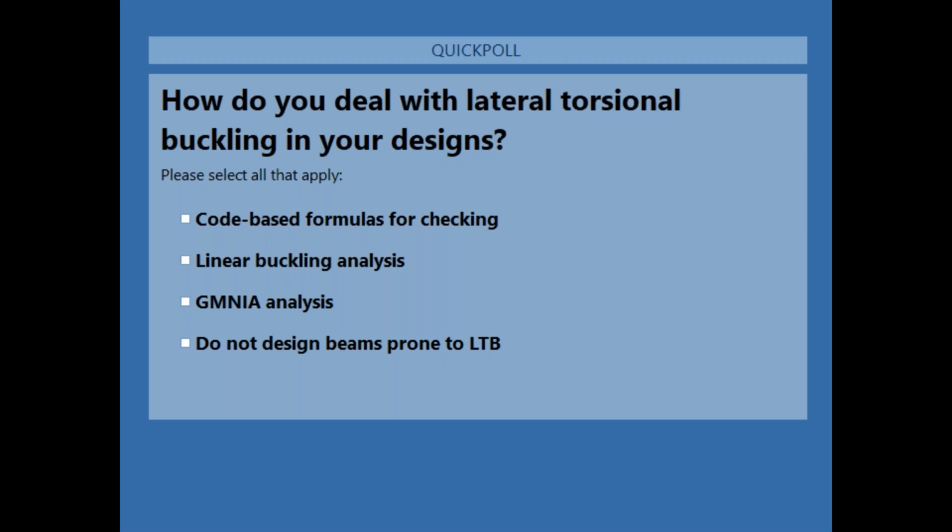Or how about you? If you go back in years into your practice as a concrete structural designer, how did you deal with this problem? Well, during my practice as a design engineer, I mainly designed cast-in-place concrete structures, which are not prone to lateral torsional buckling. But when we were designing precast beams, we usually stuck to the code-based formulas, which many times meant that the beam did not fulfill the code-based formula conditions.